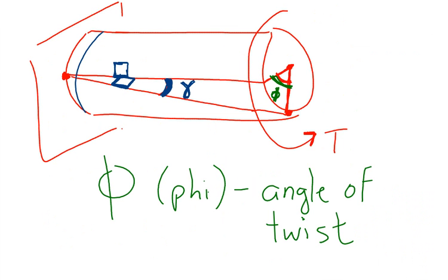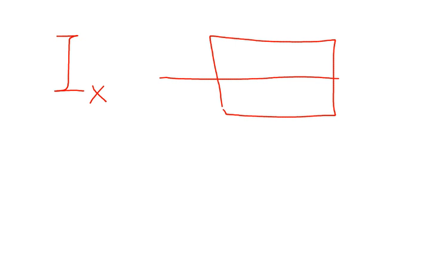There's the regular moment of inertia I. Let me erase this slide. So if I have something called Ix, let's say, of this area, and this is the x-axis, then if you recall, I represents basically the resistance of trying to rotate this area about the x-axis.